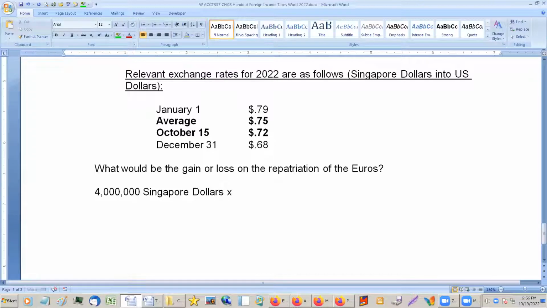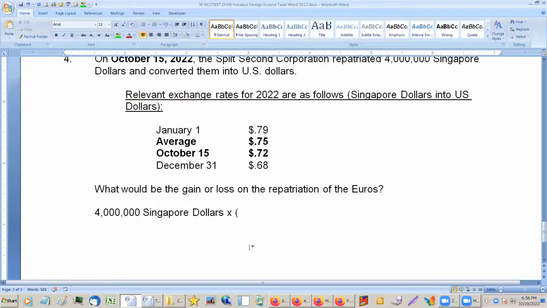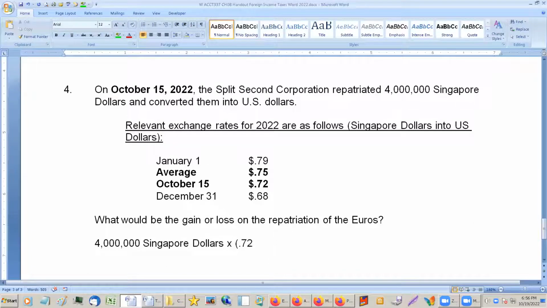We're going to bring these in at. You can probably put it as a negative. $120,000 loss.